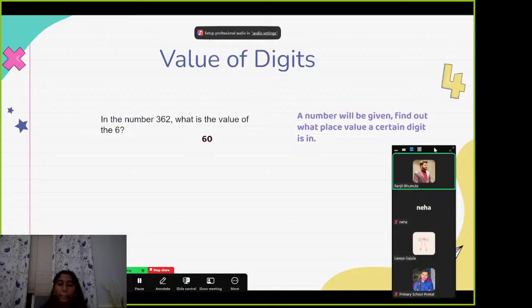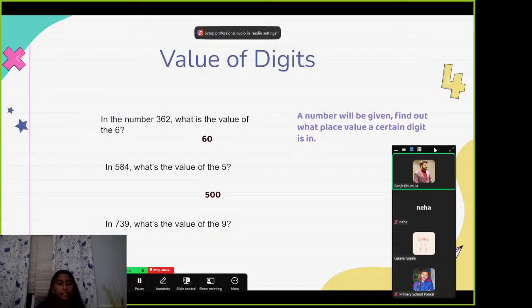And then there's 584, and the value of 5 is going to be 500 because it's the highest place value, and it's the first one. Hundreds have 2 zeros after the digit that is in the hundreds place.